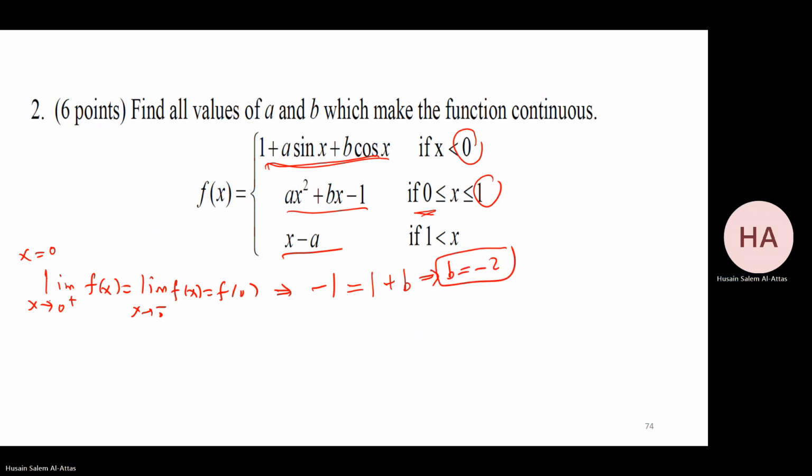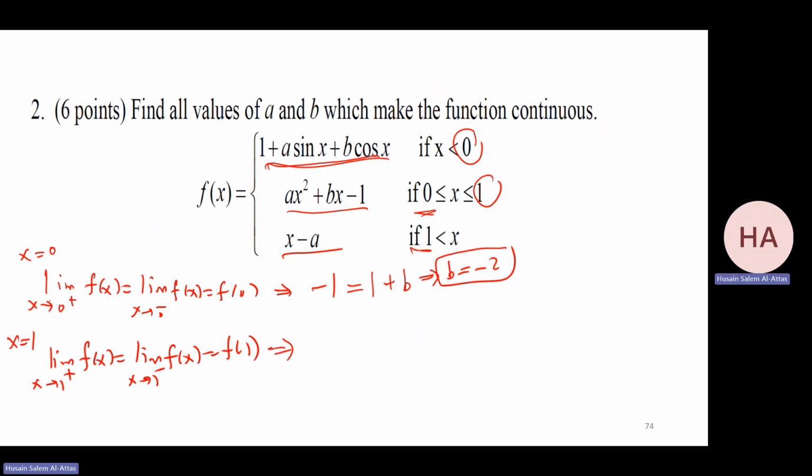Now x equal 1: the limit as x goes to 1 from the right equals the limit as x goes to 1 from the left equals f of 1. From the right, that means 1 minus a. From the left, that means a plus b minus 1. Since b is minus 2, 2a equals 4, so a equals 2.